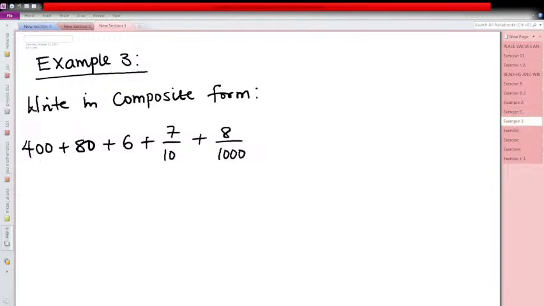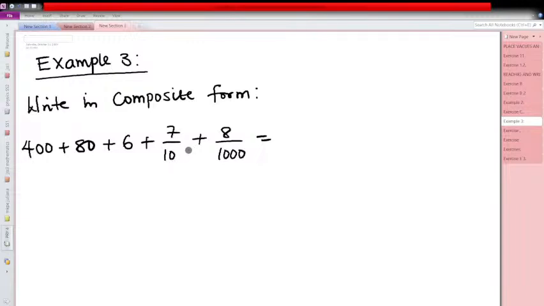This is 400 plus 80 plus 6 plus 7 tenths plus 8,000. So this is going to be equal to 486.7 because it's taking the place value of tenths.